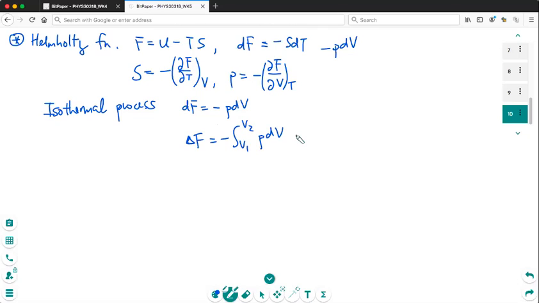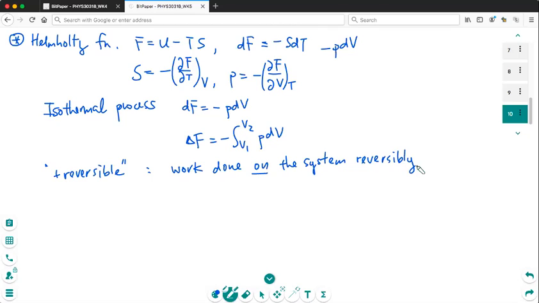Can we say something similar to the way we discuss internal energy and enthalpy? Yes, I think at this point you should also pay attention to this. We want to also look at the case when we have a reversible process. When you have reversible work performed on the system, then the work done is by the surroundings.